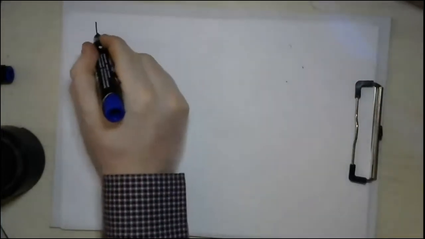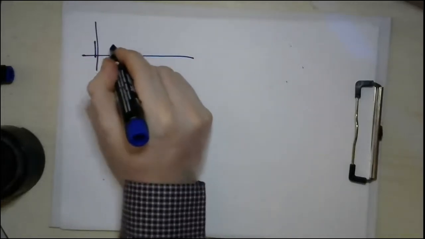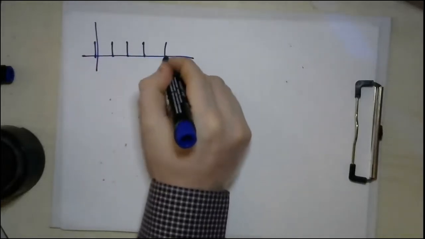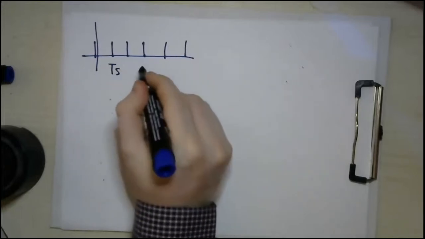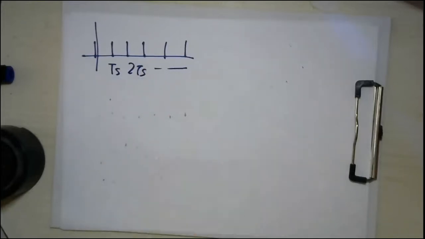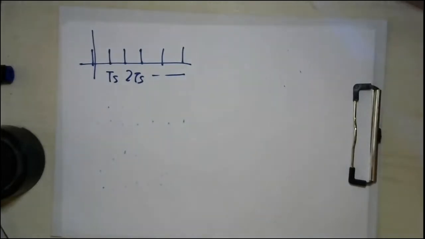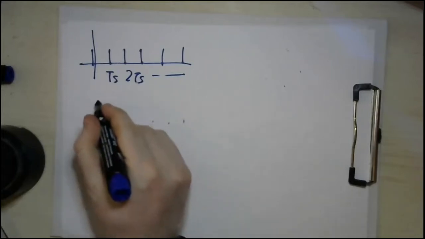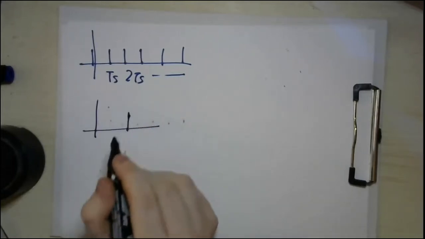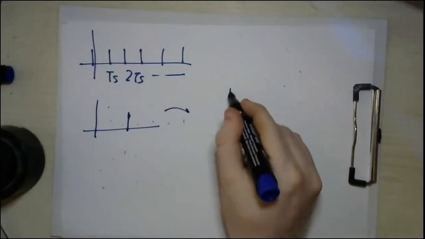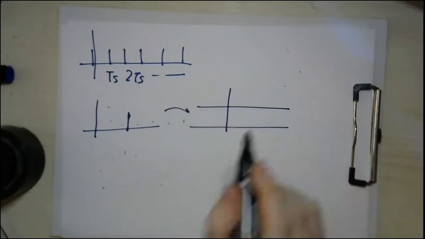Okay, so what we have, my dear students, is something like that. So this is Ts, 2Ts, and so on. We don't know the Fourier transform for this train of impulses. But if you turn back to my lecture number 1 slides on the Fourier transform, you know that whenever you have a delta Dirac function, its Fourier transform is a constant function.